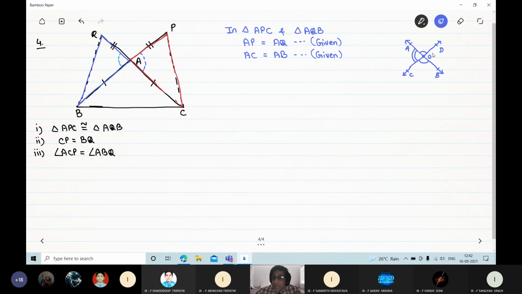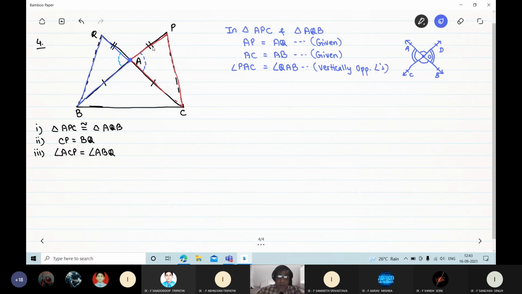Do you remember the name? Yes, sir. So here QC and PB are two straight lines intersecting at one common point A. So the opposite angles will be equal. We can say angle PAC will be equal to angle QAB, and you will give a reason that they are vertically opposite angles.